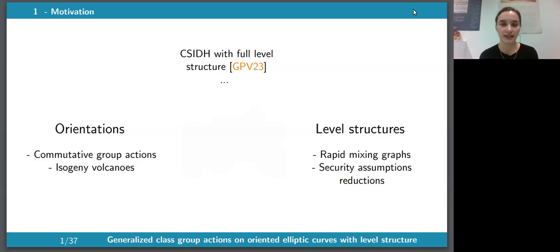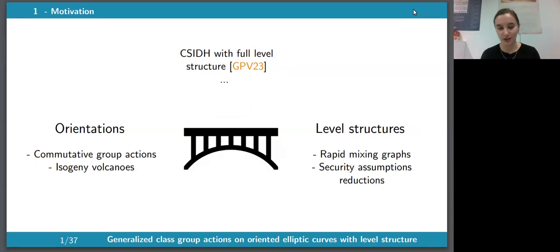Among these examples, I want to cite Seaside with full level structures, which was studied in a recent paper by Galbraith, Perrin and Voloch. For today, the goal will be to try to understand whether such examples can fit into a bigger story and hopefully show that there can be a bridge between orientations and level structures.